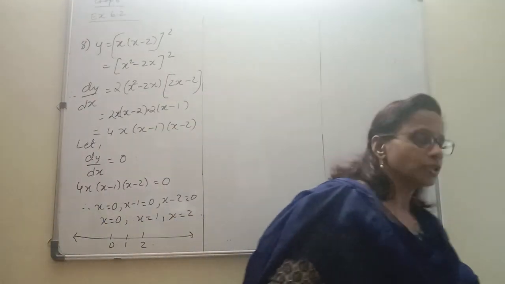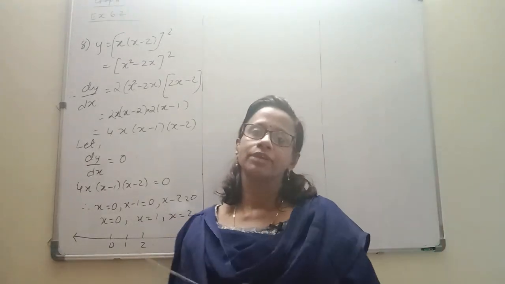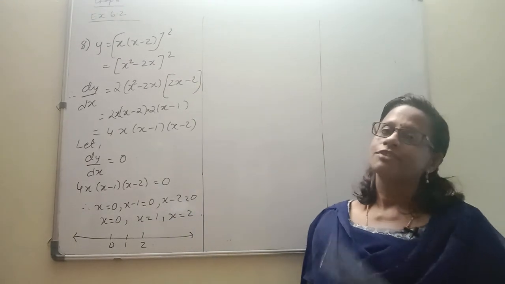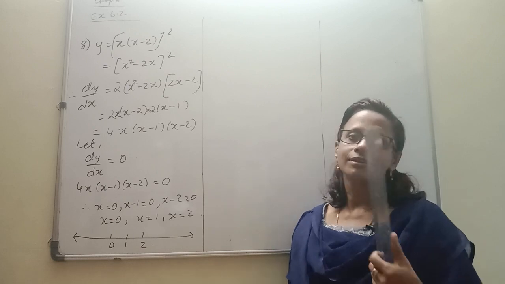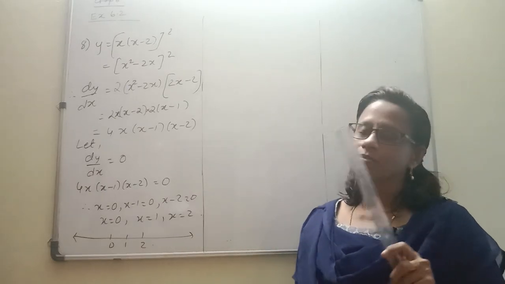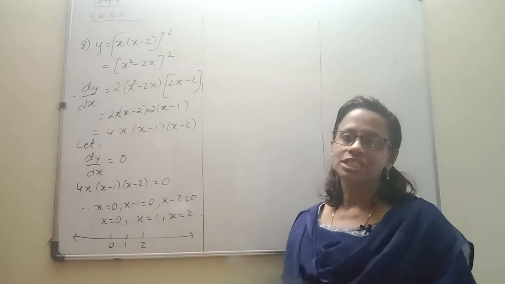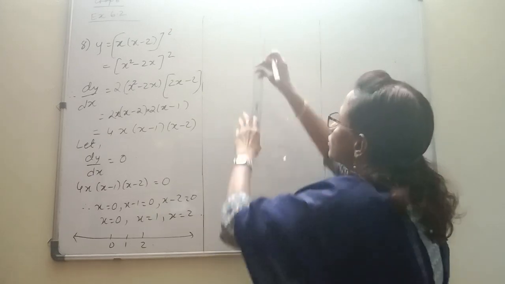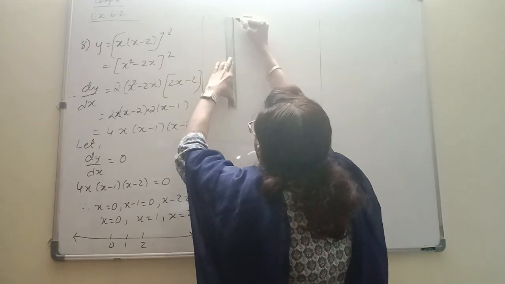Since we are talking about the intervals, once again we go back to our table with 3 columns. The first column is intervals, then the sign of f dash, and then nature. So let's get that table ready.